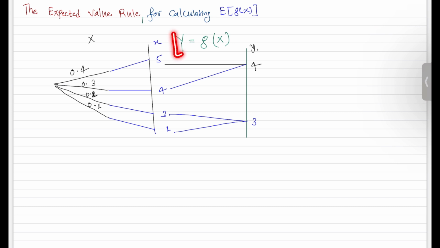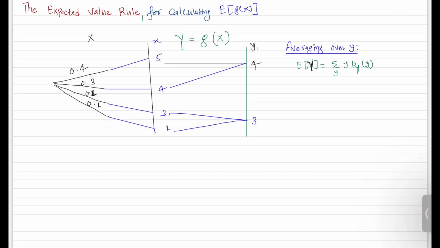Now we are interested in finding the expected value of this random variable y. How can we do that? We can make use of our definition for finding the expected value, the definition of calculating the expected value of a random variable, and we can find the expected value of this random variable y.